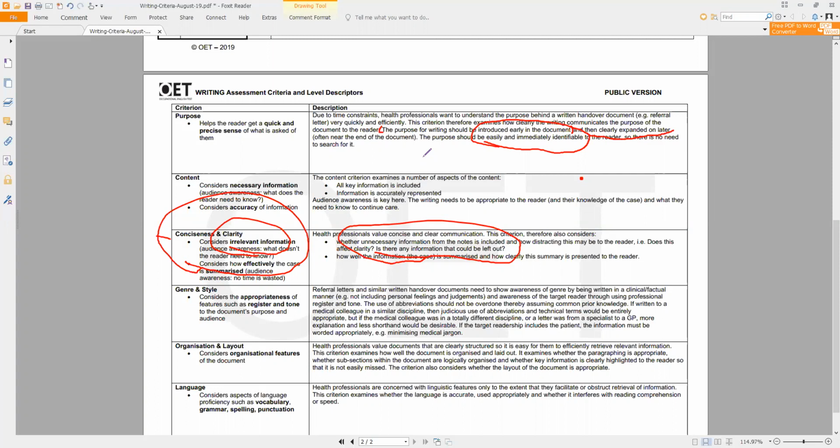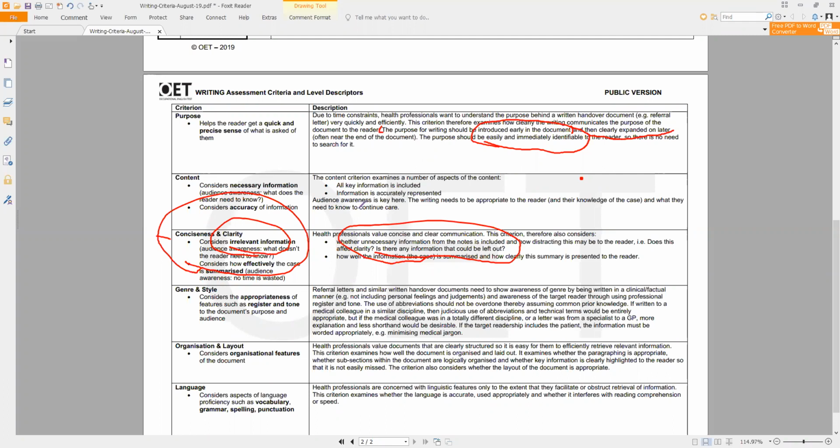But as it says here, due to time constraints, the health professionals want to understand the purpose quickly and efficiently. That's the key thing. They don't want to be reading, what is it that you want me to do? So that's the first thing, the most important thing: the purpose, in a quick, precise sentence.